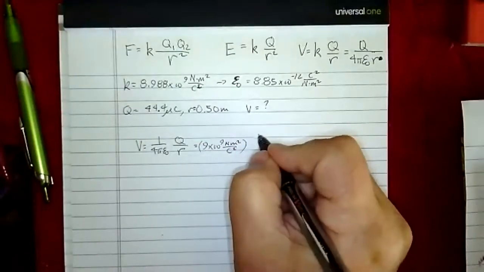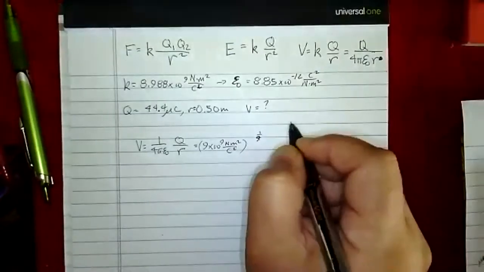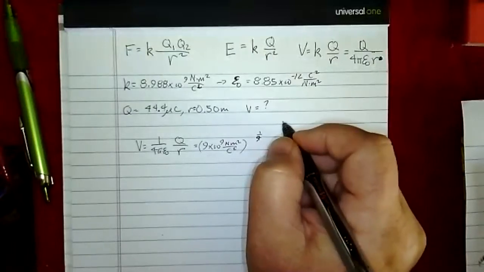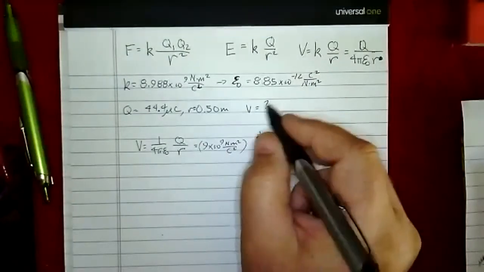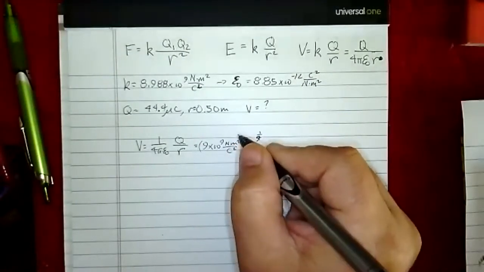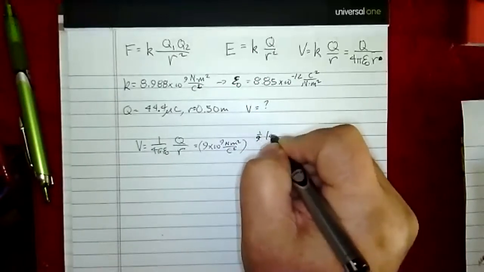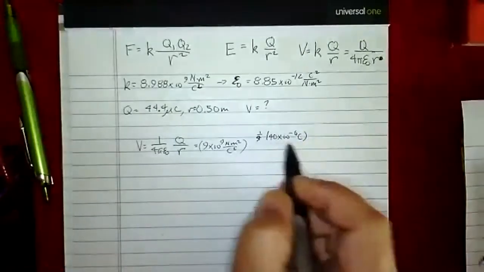As Q, I'm going to write this as 1/9, that would be 0.111, times 40 times 10 to the negative 6 coulombs.